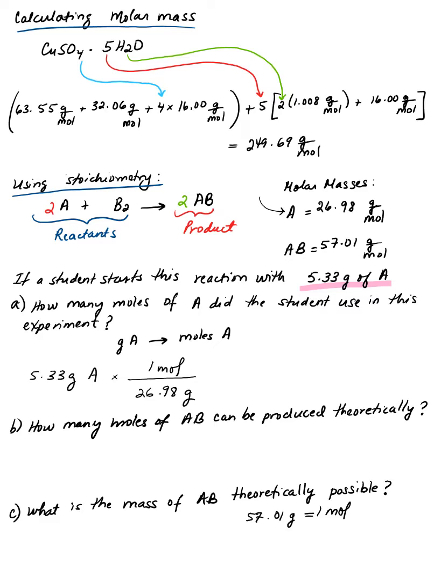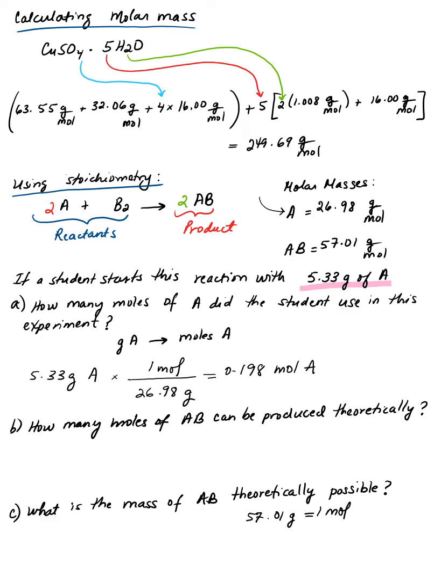So you don't have 26.98 grams. What is given is 5.33 grams of A. So you want to know how many moles you have in that specific amount of grams. So 5.33 times 1 divided by 26.98, that's 0.198.